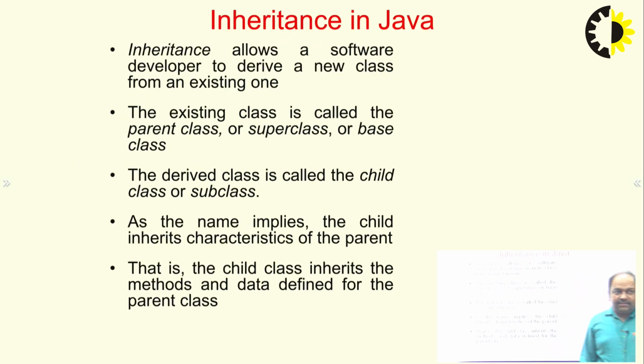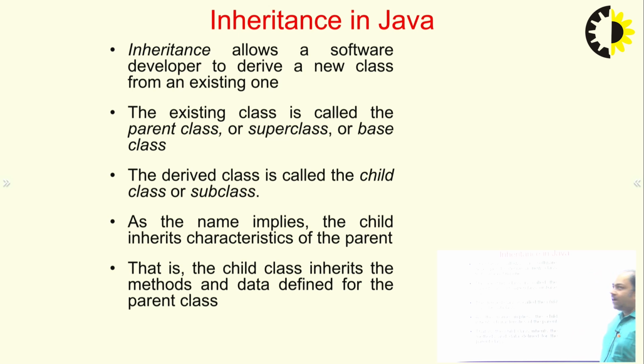Basically, inheritance is a concept which we also use in our general life. Like I have inherited some qualities from my parents. So the same concept we have used in programming.